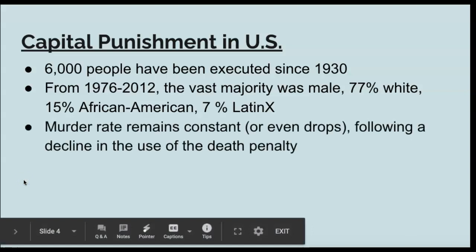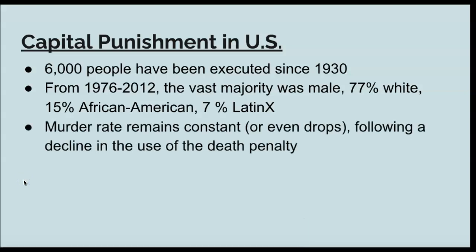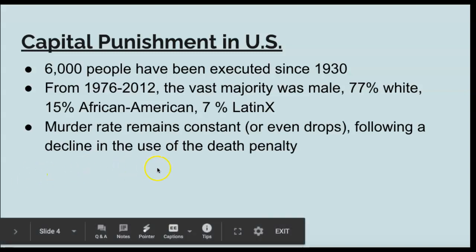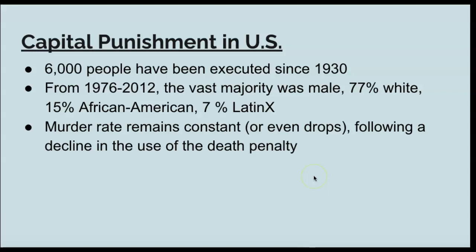Our next note reads that the murder rate remains constant or even drops following a decline in the use of the death penalty. So, you want to ask yourself a question with these statistics. Is capital punishment a deterrent?